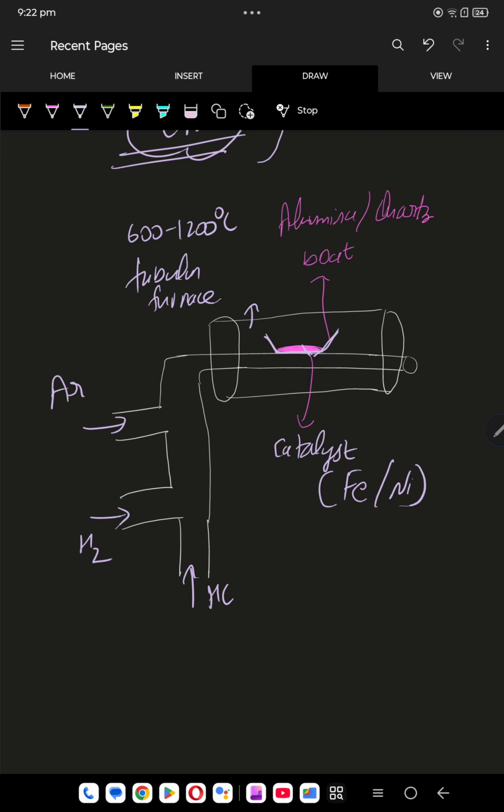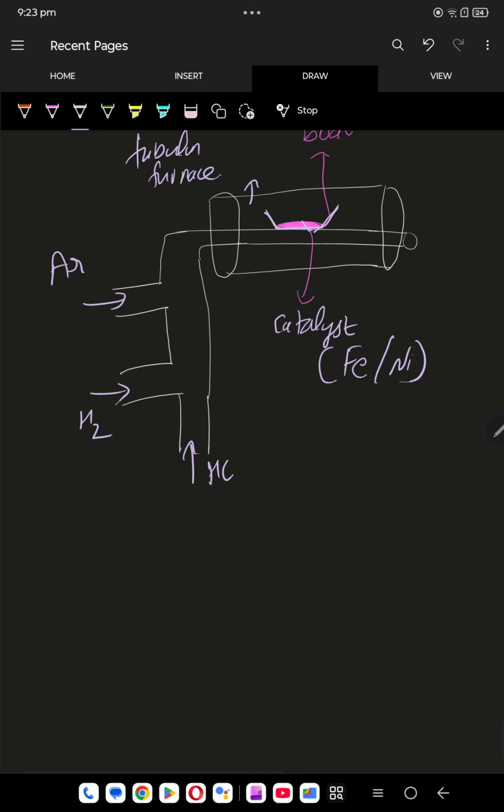So let me explain what is exactly going to happen. We are taking a boat made of alumina or quartz, and we have a catalyst in it which is of iron or nickel. Then we make the hydrocarbon enter through it.